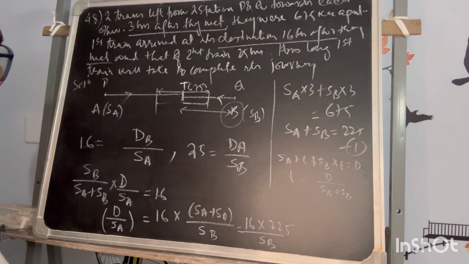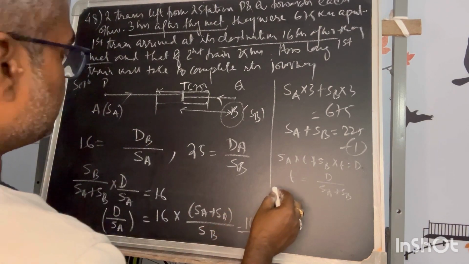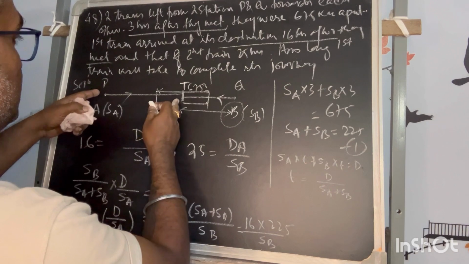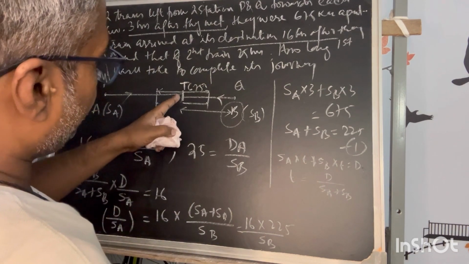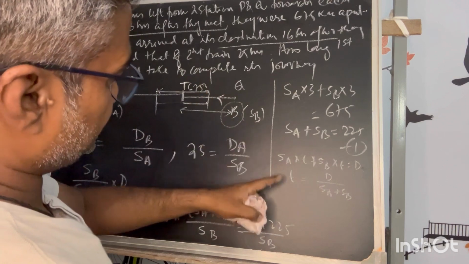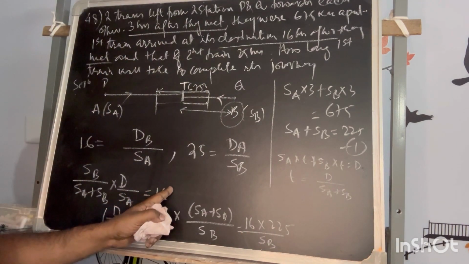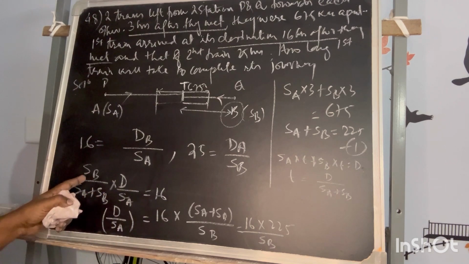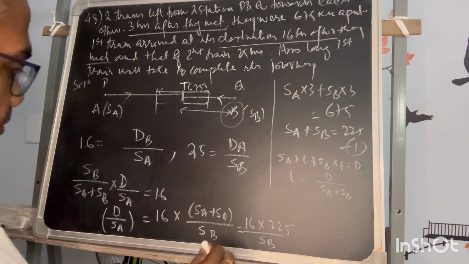That is known. The first distance covered by A is SA into this distance, which is D plus 16. So this distance is covered by A in 16 hours, this by B in 12 hours.